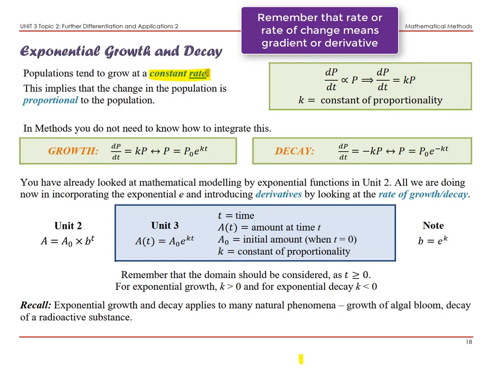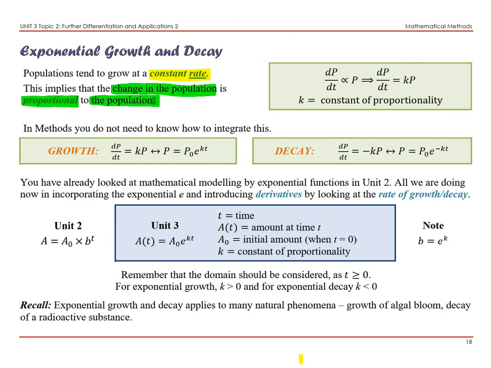It implies that the change in population is proportional to the population, and you'll see how I've written that there: dP/dt, the change in population over the change in time, is proportional to the population P. If we know this, and you look back to when we did constant rates of change way back in Year 10, we could rewrite that as dP/dt = kP.